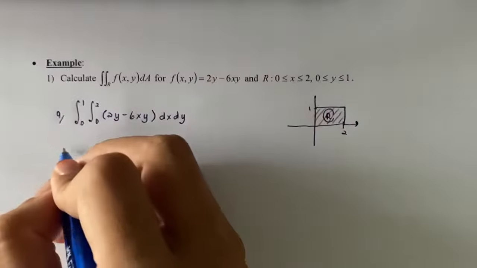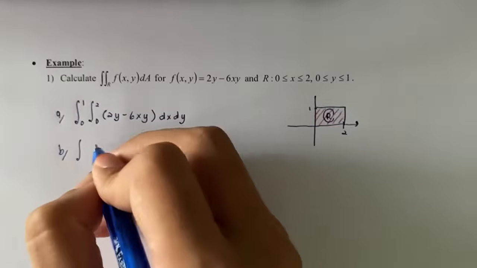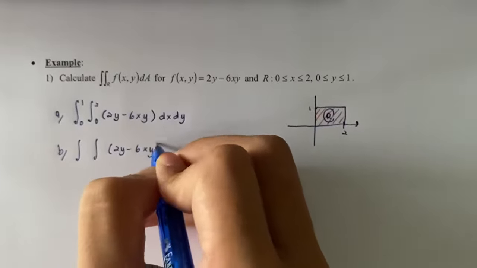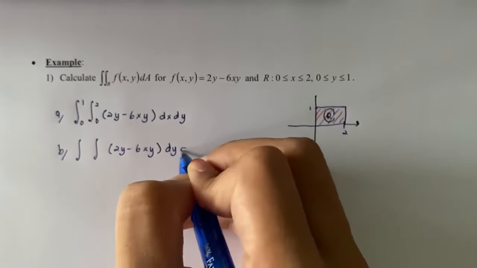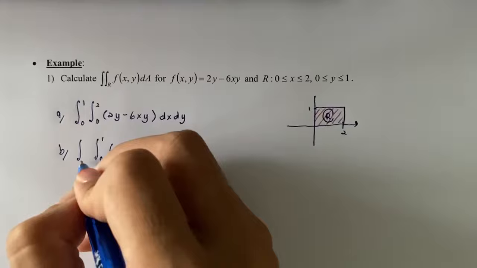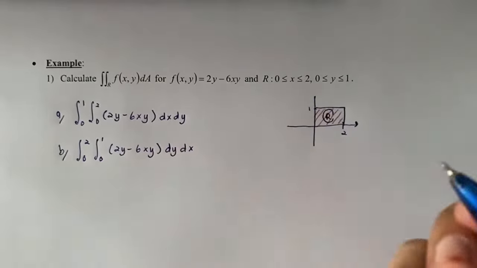Or you can do the double integration of 2y minus 6xy dy dx, where the limits are 0 to 1 and 0 to 2. Both answers will be the same.